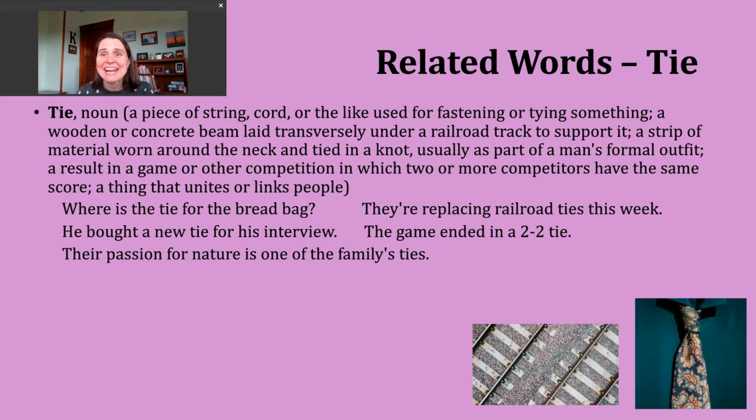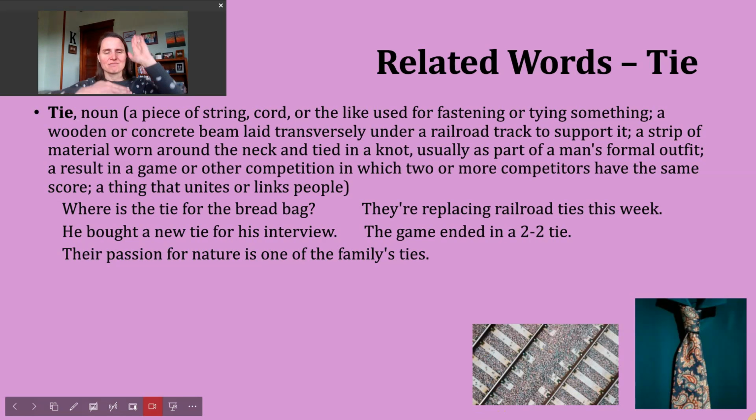A second way to use the noun tie is to talk about wooden or concrete beams that are under railroad tracks, and they're there to provide support. To help us understand this, I've got a picture down here at the bottom. So I hope you can see with my highlighter here, right? You can see the actual rail, and then below it are those wooden pieces.